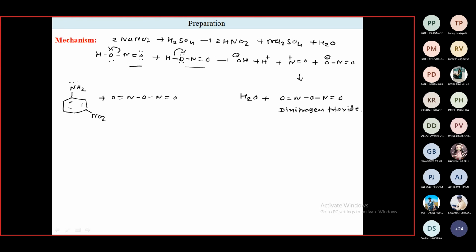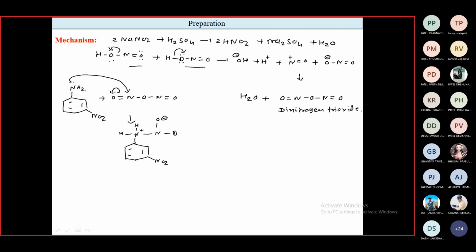The electrons of nitrogen make a nucleophilic attack on this nitrogen and a proton is shifted to here. So ultimately you get NH2 and O minus, this is plus.